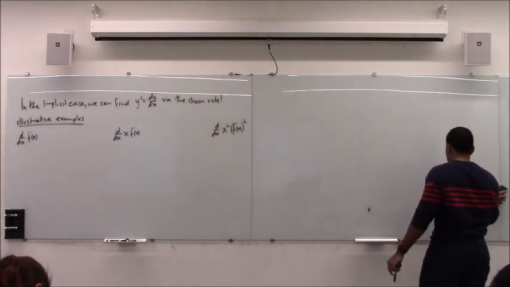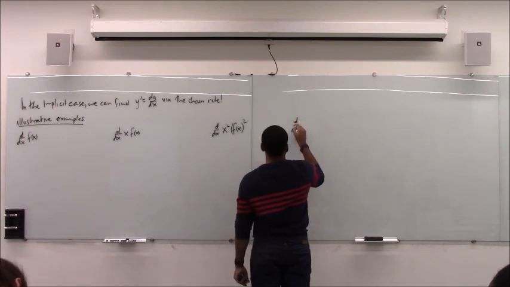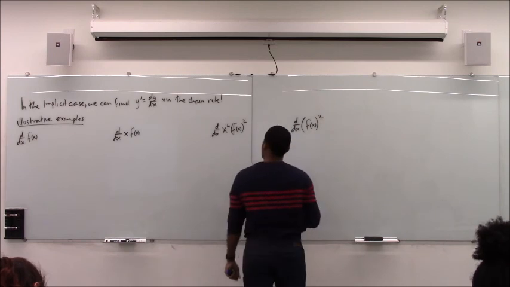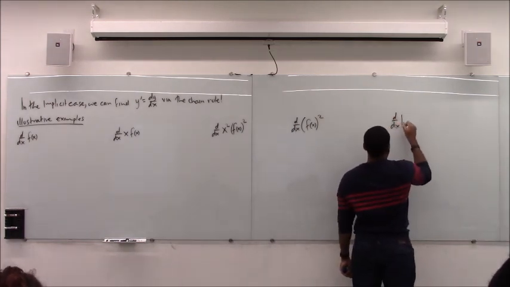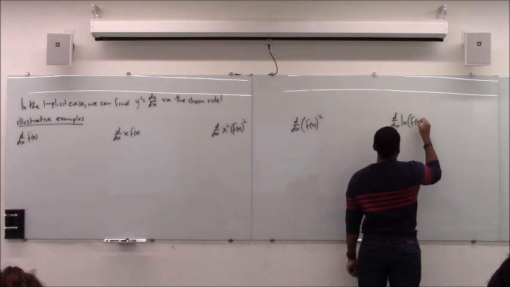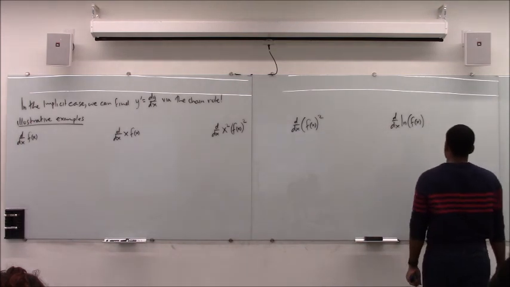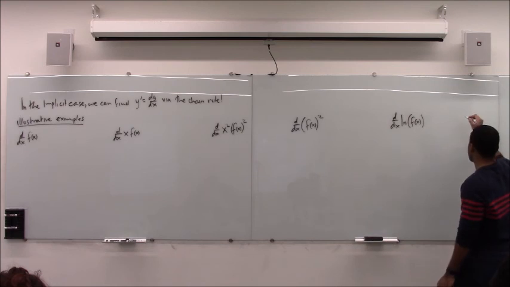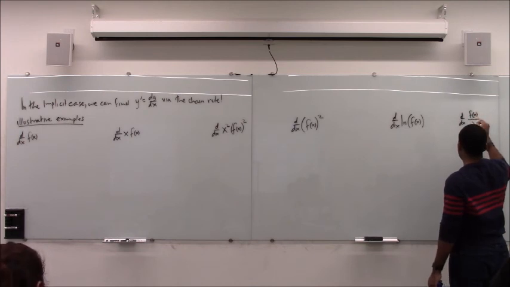We're going to see what it would look like. Let's do another one. Say derivative of f of x squared. Derivative, say ln f of x. Derivative, say f of x divided by x.